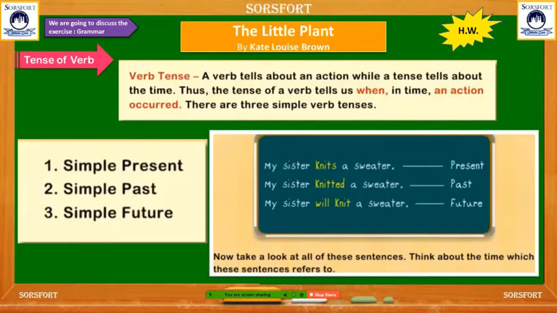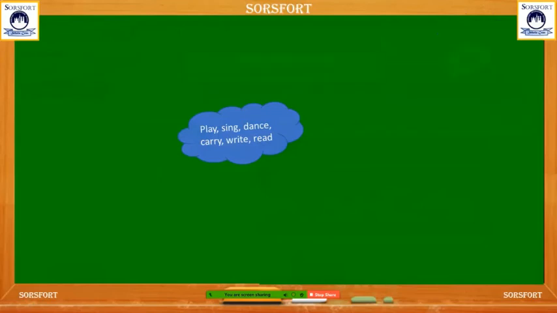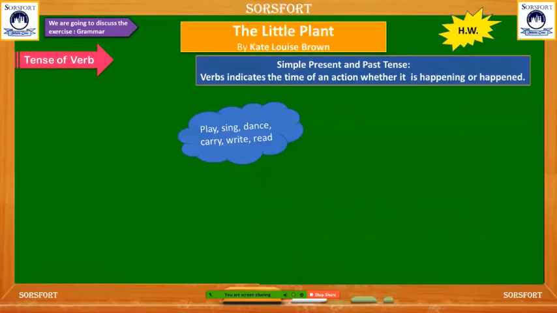So this is future. Now take a look at all of these sentences. Think about the time which these sentences refer to. Simple present and past tense. Verbs indicate the time of an action, whether it is happening or happened.